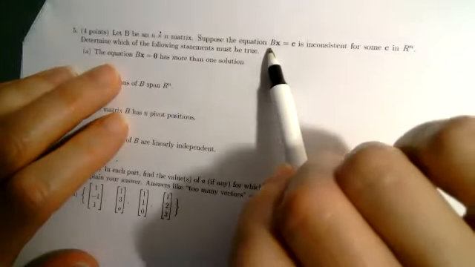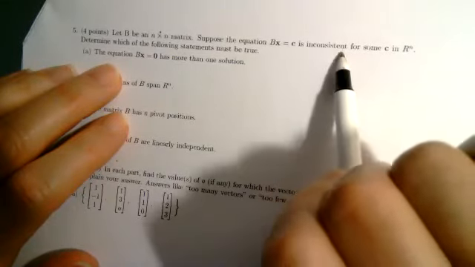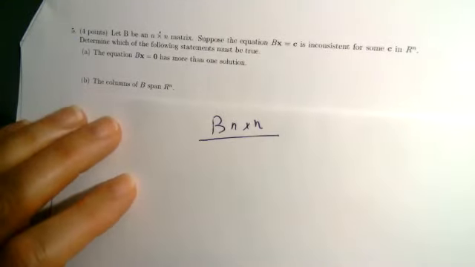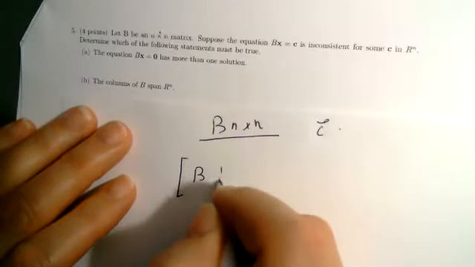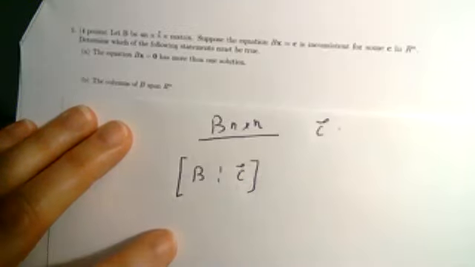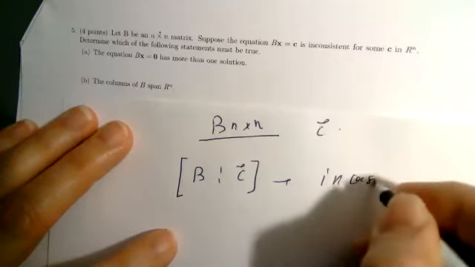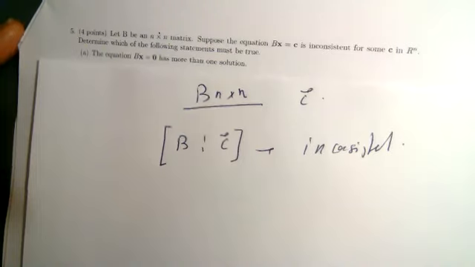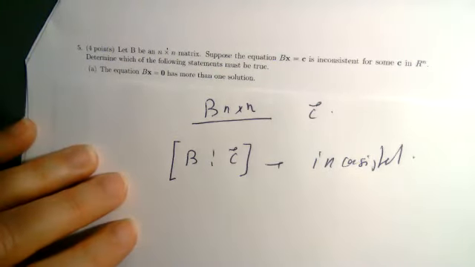And the question is, let B be an n by n matrix, and let us say that Bx equals C, so I try to solve the system, is inconsistent for some C. It means you can find a vector C such that when I solve the system with augmented matrix [B C], this is going to give me inconsistent. That's the picture. So B is n by n, and somewhere there is a vector that causes the inconsistency.